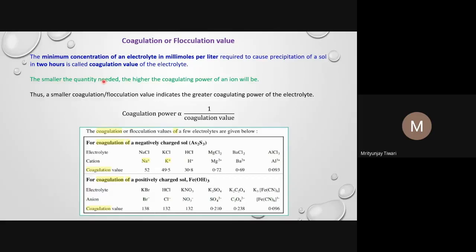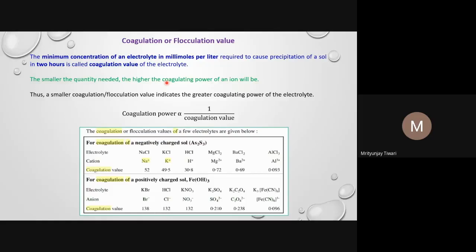The smaller the quantity needed, the higher the coagulating power of an ion will be. This is a very common sense thing. If a smaller quantity of a particular electrolyte is required, it means its coagulation power is more.